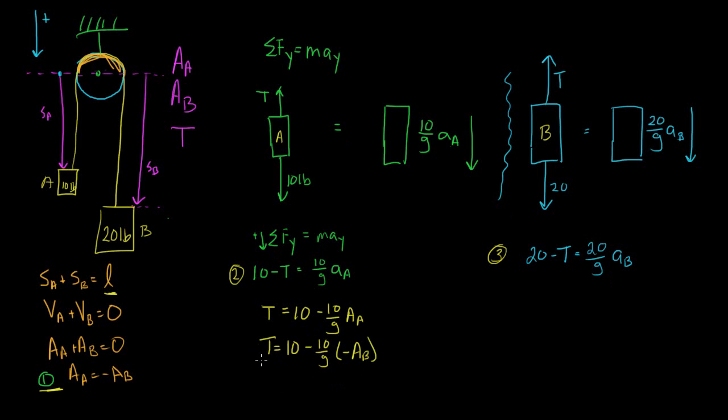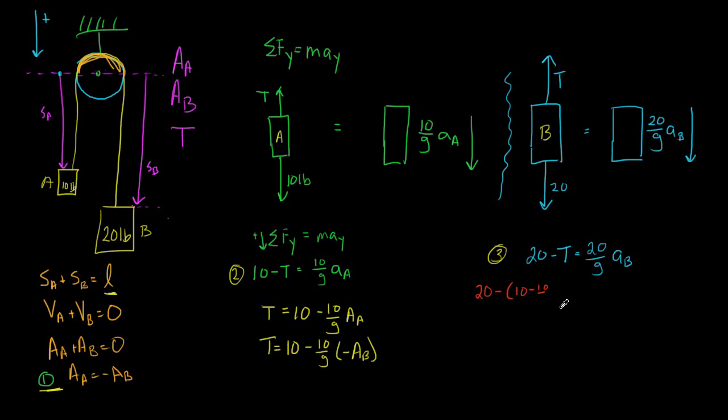Okay, so let's substitute this T into this T right here, and when we do that, we get 20 minus this T, which is 10 minus 10 divided by g.